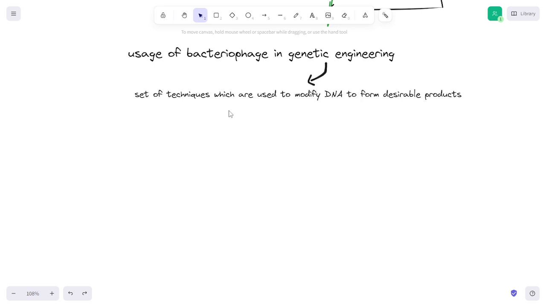It is a set of techniques in which DNA is altered, or which are used to modify DNA to form desirable products.